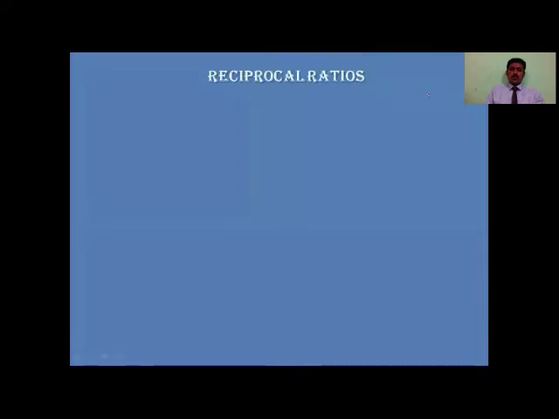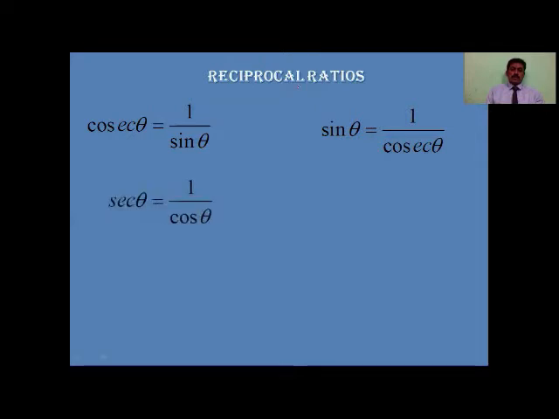Reciprocal ratios. The reciprocal of sin theta is cosecant theta, that can be expressed as cosecant theta equal to 1 by sin theta. From this we can find sin theta equal to 1 by cosecant theta. The reciprocal of cos theta is secant theta, that is secant theta equal to 1 by cos theta.